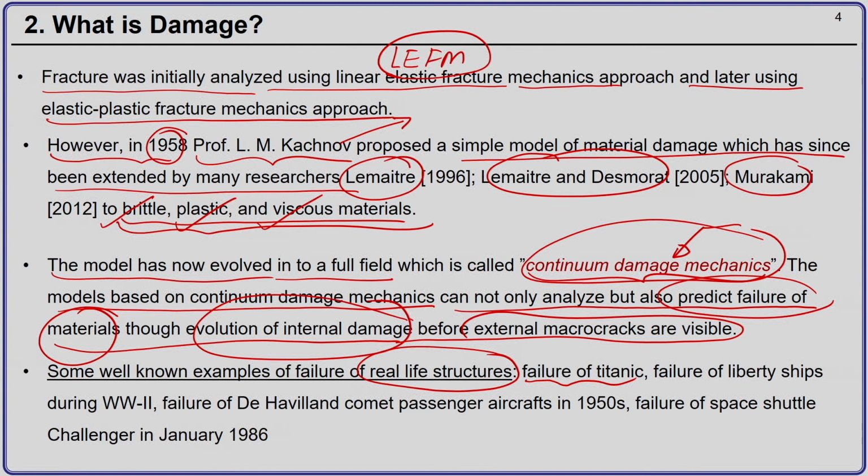But when it was floating in an ocean where the temperature was very low, the behavior of the steel changed from ductile to a lower level of ductility, closer to brittle. So, when a huge force was applied through that iceberg, the steel plate, instead of undergoing large plastic deformation, immediately cracked, which caused the failure of the outer hull, through which the water entered, leading to the eventual sinking of the ship.